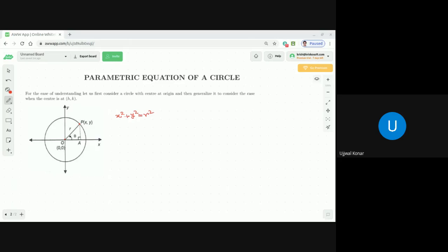Now in the right angle triangle POA, what do we see?